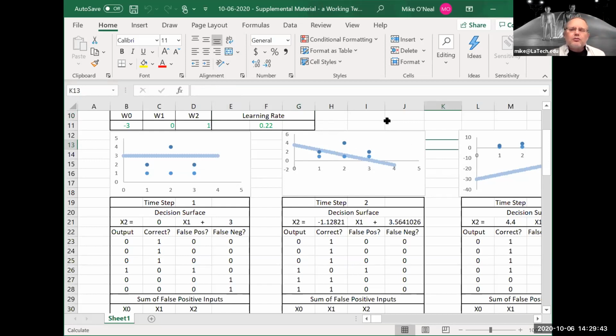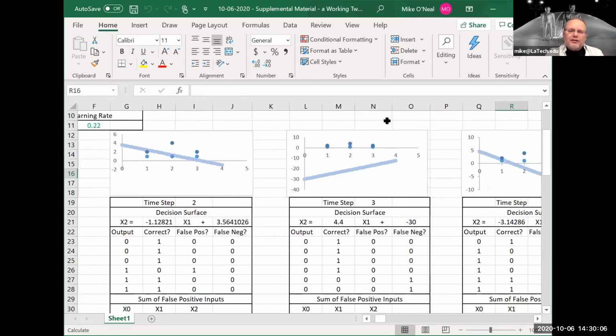So what does this thing do? Well, it shows that if you start with the values we talked about, -3 for weight 0, in other words, a threshold of 3, and a 0 for weight 1, and a 1 for weight 2, and a learning rate of 0.22, and you move out over time, these things listed step 1, step 2, step 3.